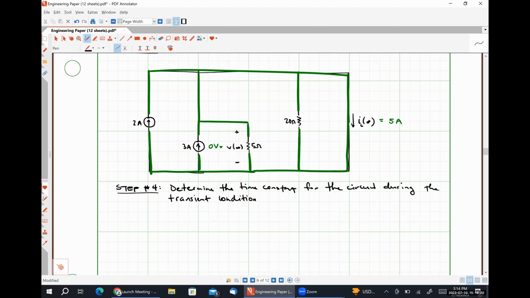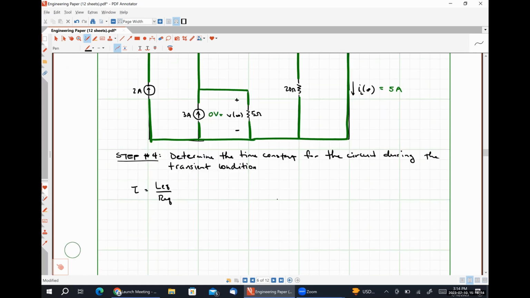So for an RL circuit, tau is going to be LEQ divided by REQ. And because this circuit contains a whopping 1 inductor, I believe emphatically that LEQ is 1 millihenry.